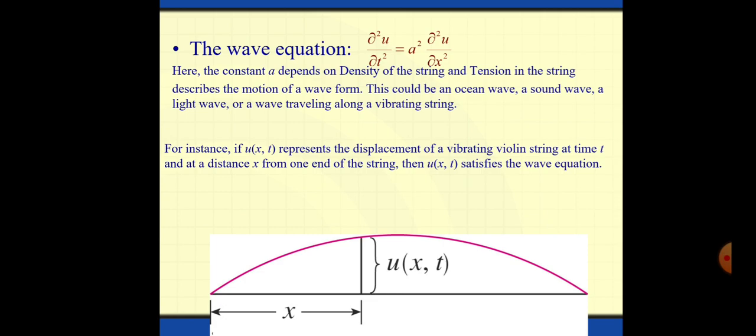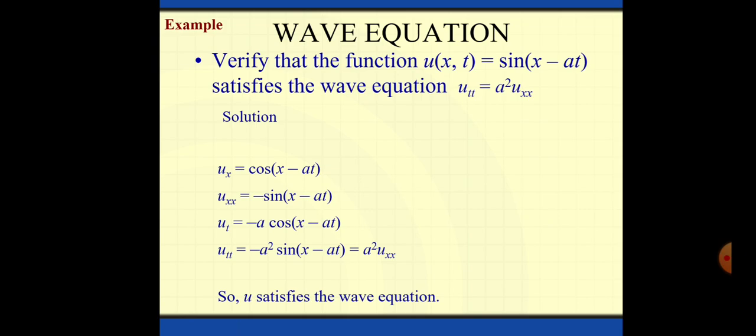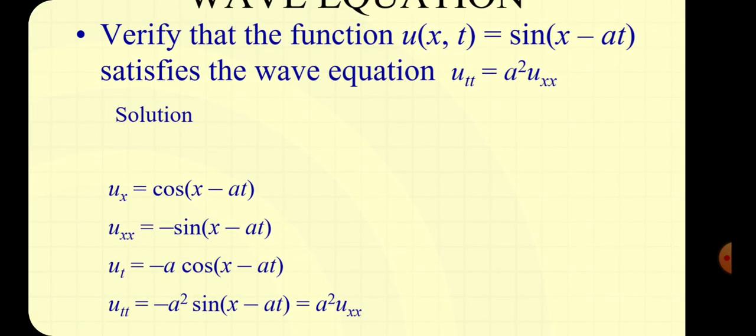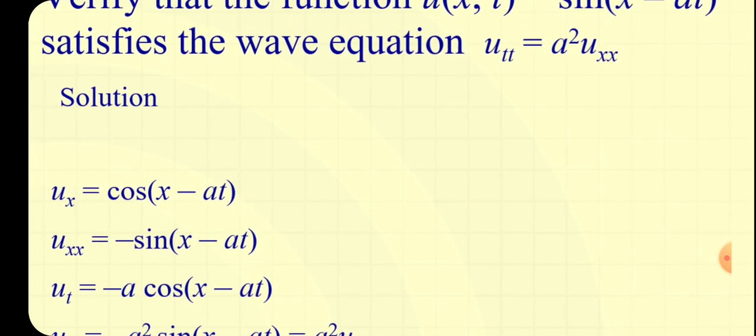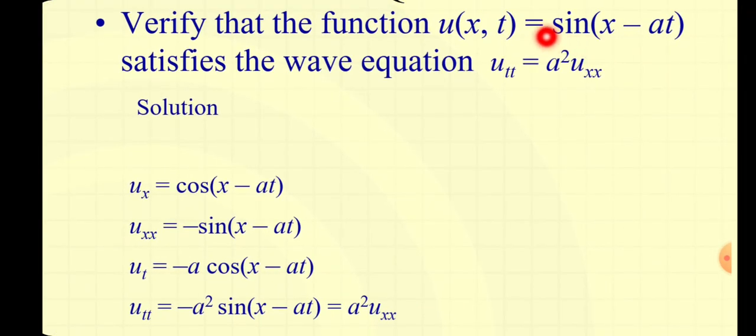We have some applications also in the wave equation. For example, if you have u of x and t is sine of x minus at, verify that this function satisfies the wave equation u double t equals a squared u double x. So similarly, you can find ux, derivative of u with respect to x, the derivative of sine of x minus at is cosine of x minus at times the derivative of what is inside with respect to x, which is 1.